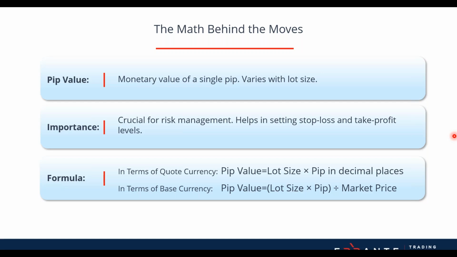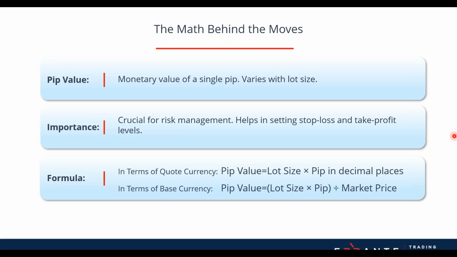Now, calculating pip value can vary depending on whether the USD is the quote currency or the base currency in the pair you're trading. The formula for calculating pip value when USD is the quote currency is straightforward. It's simply 1 pip divided by the exchange rate, all multiplied by the lot size.